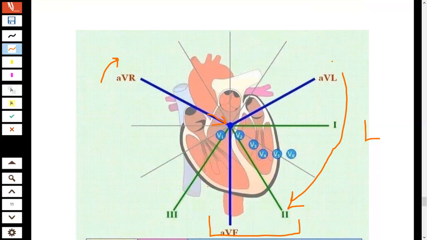And what about the chest leads? V1 and V2, where they are placed, show the right ventricular view.